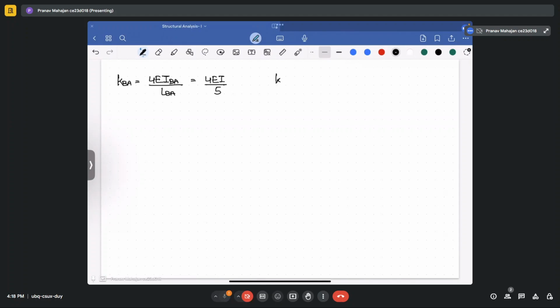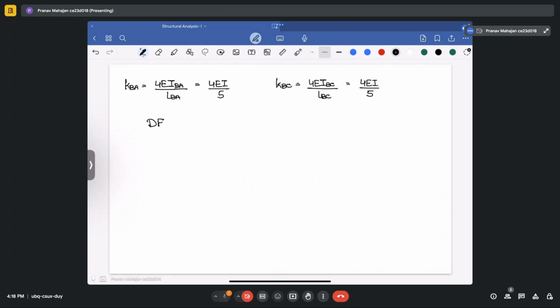Whereas in BC part, KBC will also be the same, 4EI_BC upon L_BC, that is 4EI upon 5.